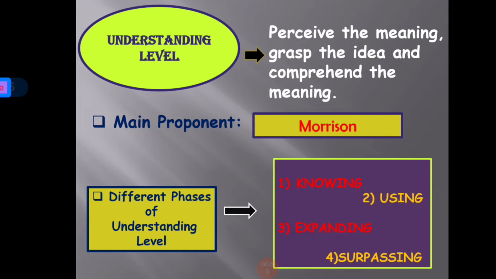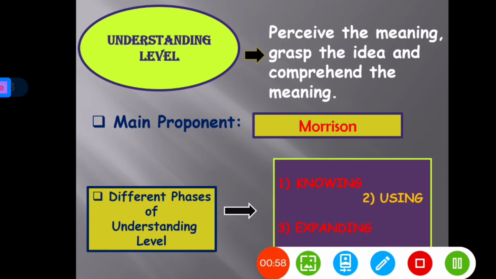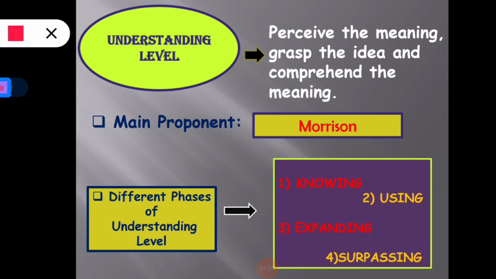At first, learner, we have to know what we mean by understanding level. Basically, understanding level is an extension of the memory level, and it also lays the foundation for reflective level. So it plays a mediator role between the memory level and the reflective level.